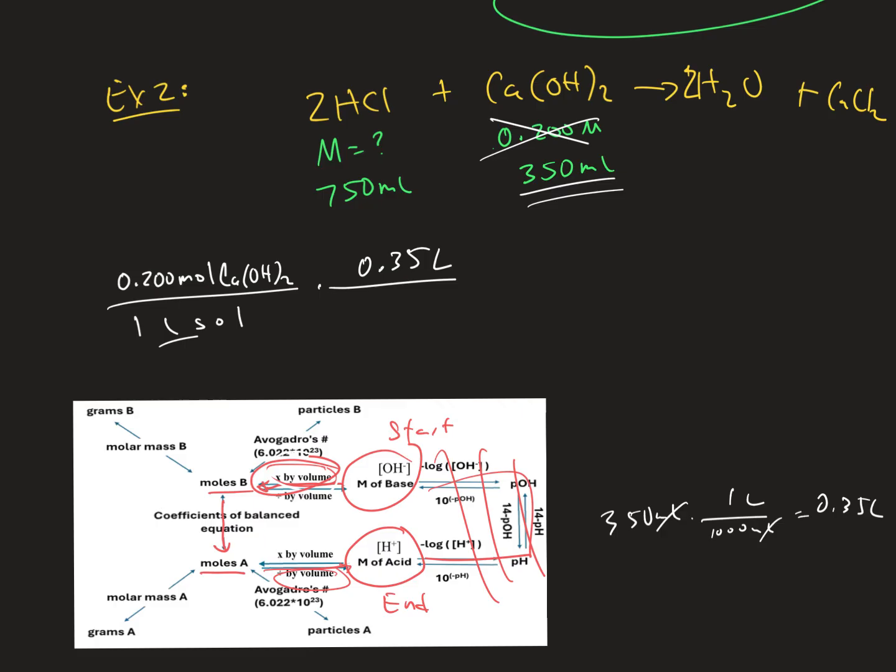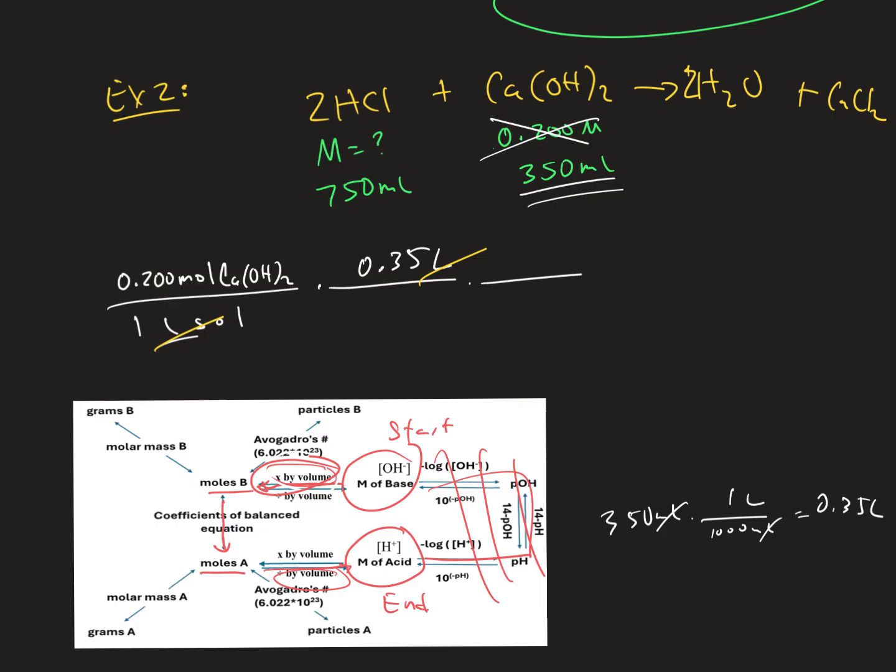If you guys are dyslexic like I am, then maybe you should reread everything. Okay. All right. So liters goes away. Now I don't know if I'm dyslexic, I think I'm just rushing.